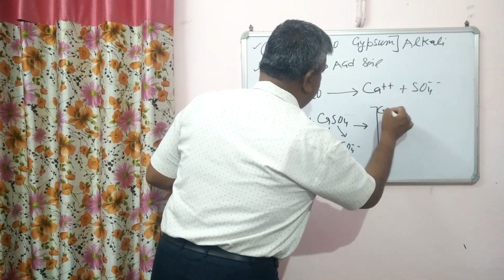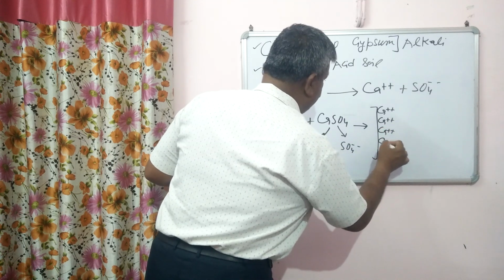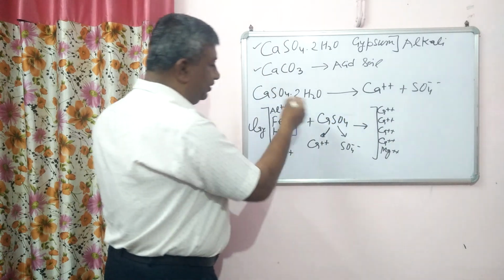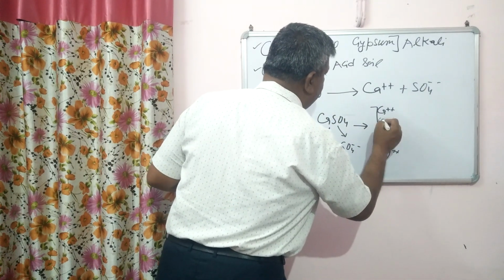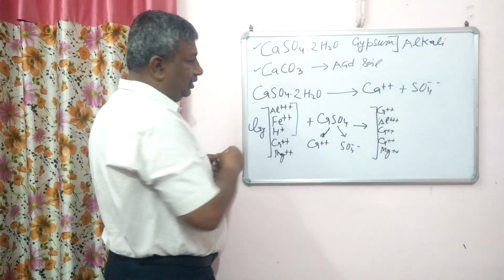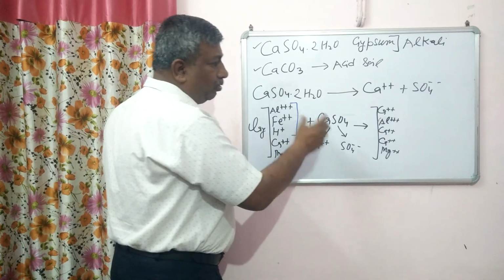Now calcium is present here, calcium will replace iron, aluminum; calcium is there, magnesium is there. So replacement of these cations will not be complete, only some will be replaced, some elements may remain here, but most of these acidic cations are replaced by calcium on the ion exchange complex.